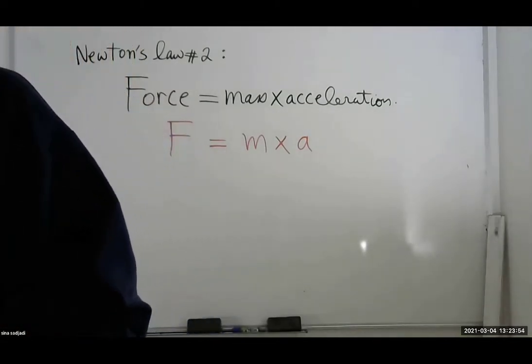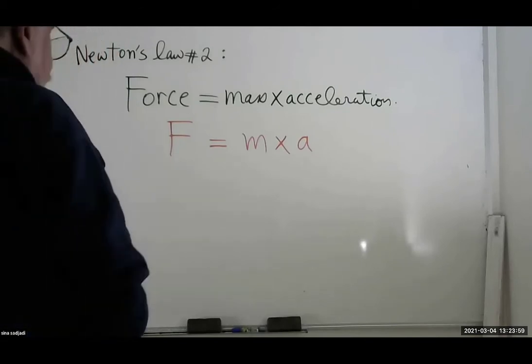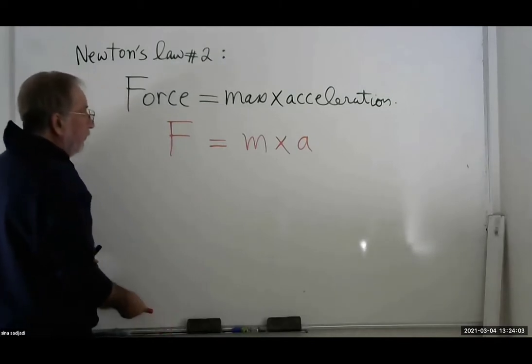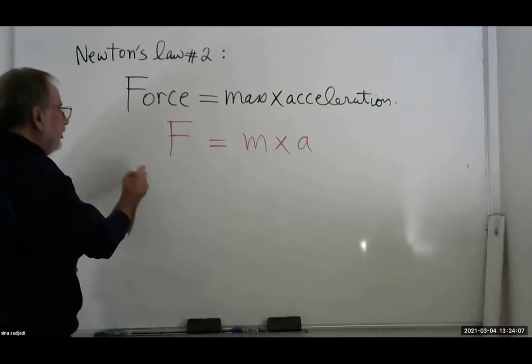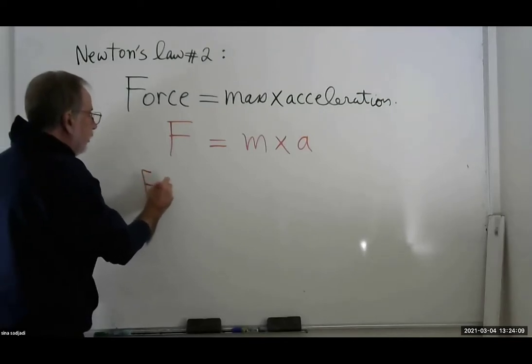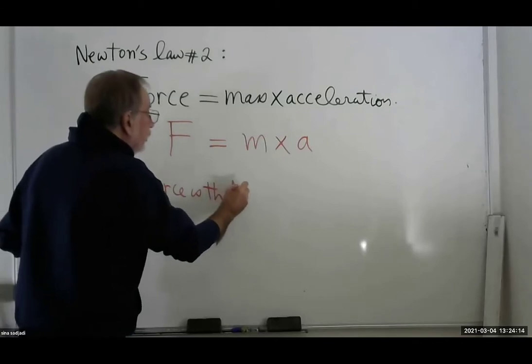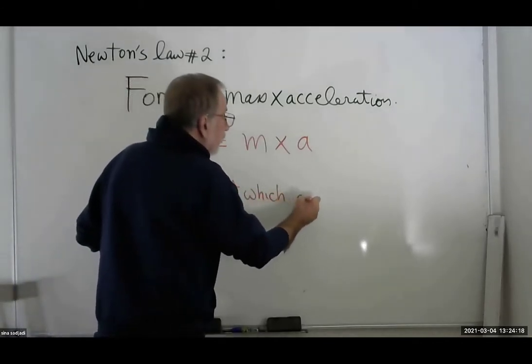This is Newton's second law. This is also the definition of what force is, which is kind of an impressive definition of force. So what is this saying force is? Force is that which accelerates mass.